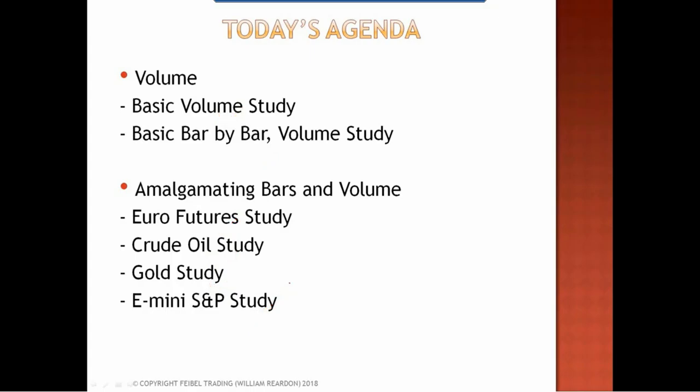Let's do a recap. Last session we covered the basics of bar analysis, the importance of the spread, the close, and the all-important context, which is the barometer. It's by comparing the most recent bar to previous bars that we can determine the length of the spread, the current strength or weakness, whether it's buying of good quality or buying of poor quality.